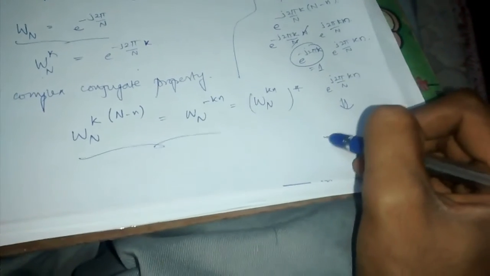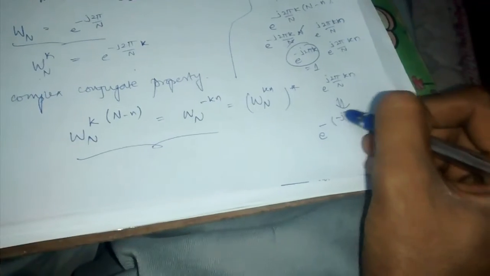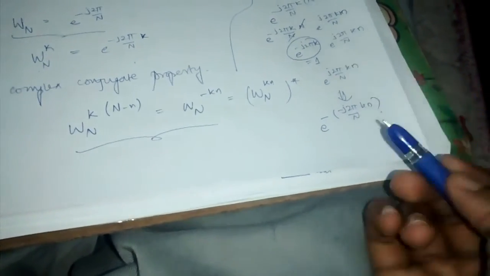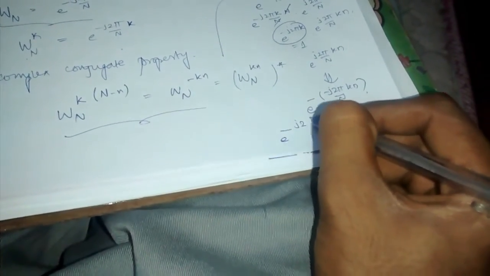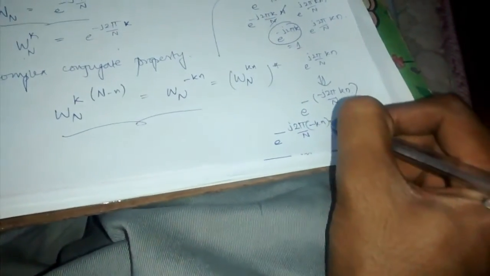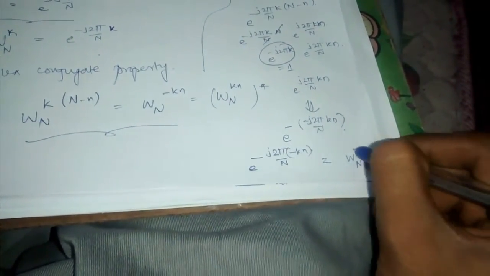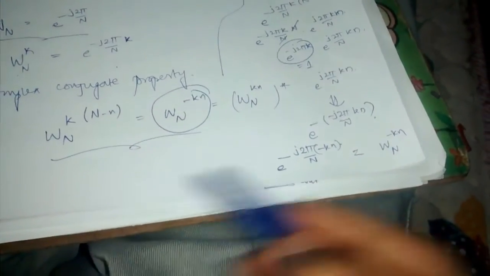This can be written as e power minus of minus j 2 pi by N kn, which can be written as e power minus j 2 pi by N times minus kn, which is given by W_N of minus kn. That is what we have got here. This is how we get the first property by solving it.